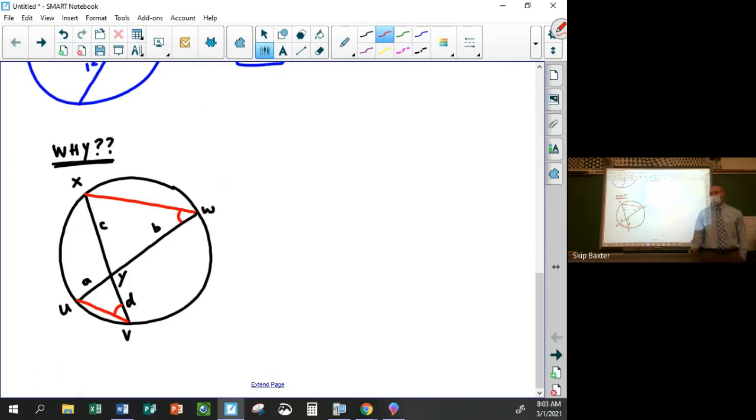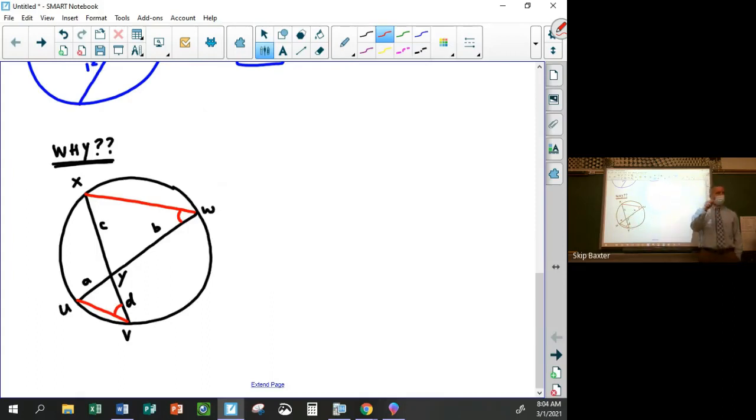Is it because of the inscribed angles? Yeah, these are both inscribed angles, so they're each half their intercepted arc. How does that make these equal? Yeah, their intercepted arc in both cases is UX, right? So this angle is half of UX, whatever that may be. This angle is also half of UX, whatever that may be. So they have to be equal to each other.